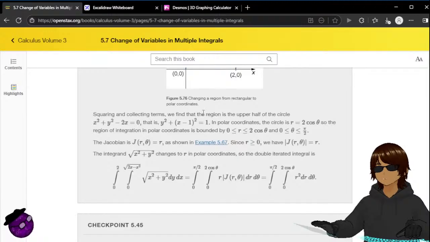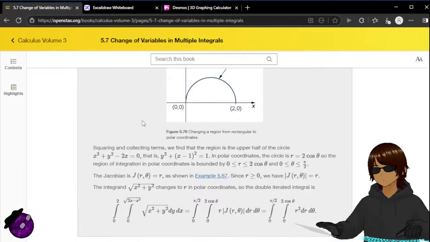Squaring and collecting terms, we find that the region in the upper left of the circle is x square plus y square minus 2x is equal to 0. That is, (x minus 1) square plus y square is equal to 1. In polar coordinates, the circle is r is equal to 2 cos theta.